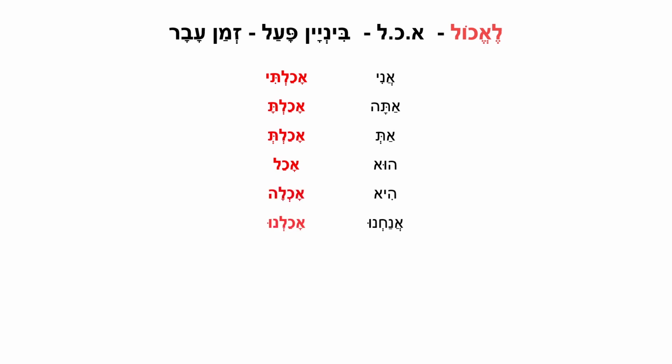The verb לעזור, הוא עזר, אני עזרתי, אתה עזרת, את עזרת, הוא עזר, היא עזרה, אנחנו עזרנו, אתם עזרתם, אתן עזרתן, הם עזרו, הן עזרו. לאכול, to eat. הוא אכל, אני אכלתי, אתה אכלת, את אכלת, הוא אכל, היא אכלה, אנחנו אכלנו, אתם אכלתם, אתן אכלתן, הם אכלו, הן אכלו.